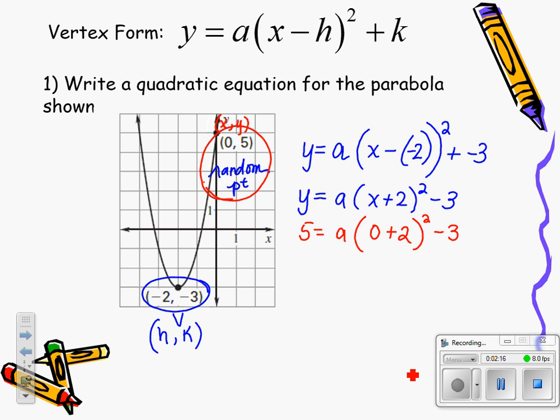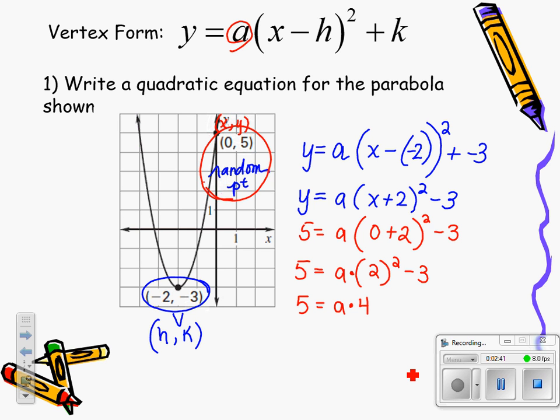Then you're going to do all the order of operations that you know how to do and solve for a. So our goal is to find a given all the other pieces of information that we know. So 5 equals a times (0 plus 2) squared; 0 plus 2 is 2, 2 squared is 4.